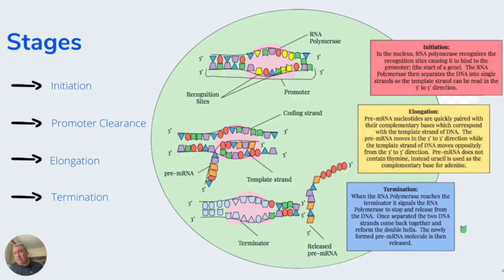And then finally you have termination. Typically this happens when the RNA polymerase, at the end of the gene or the end of the coding region, reaches what they call a polyadenylation site. So we're going to put a lot of A's in succession. And the RNA polymerase is pretty smart, and it says, okay, there's a lot of A's here. I must be done.